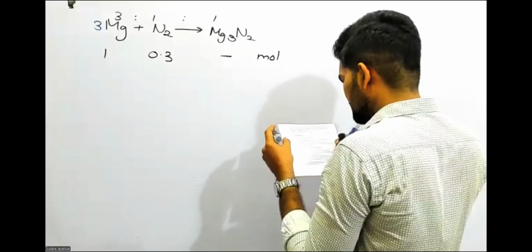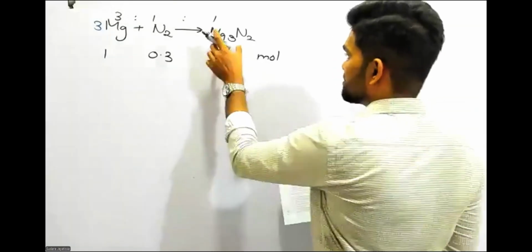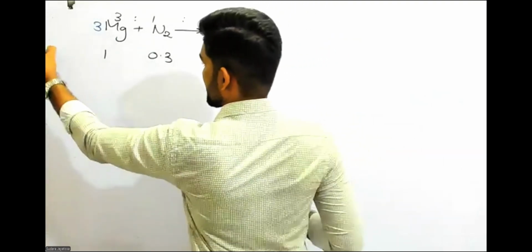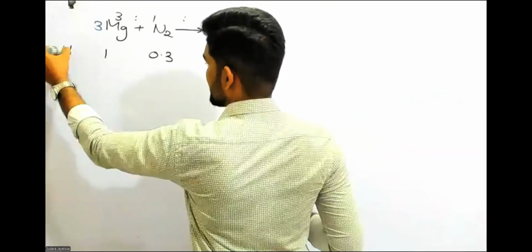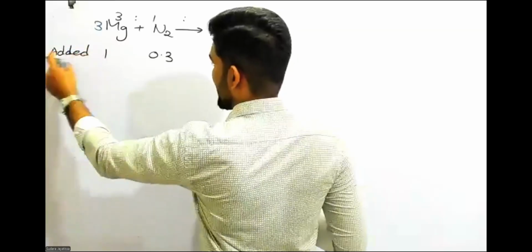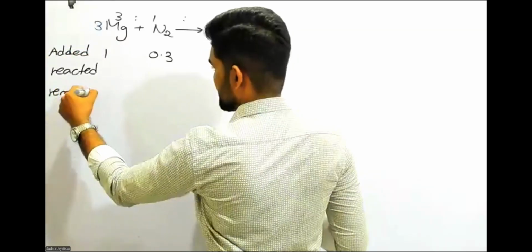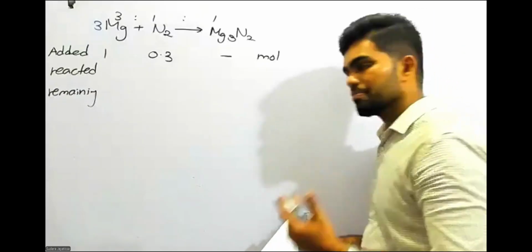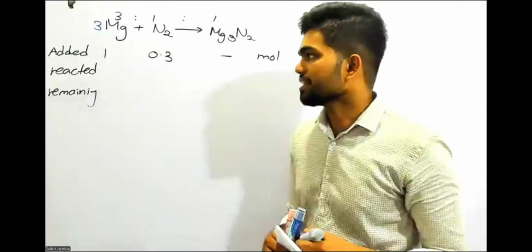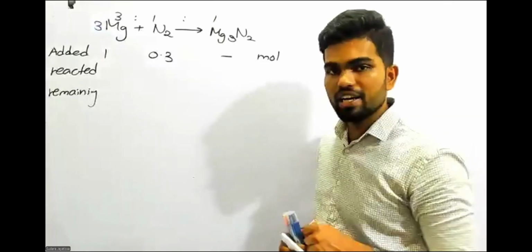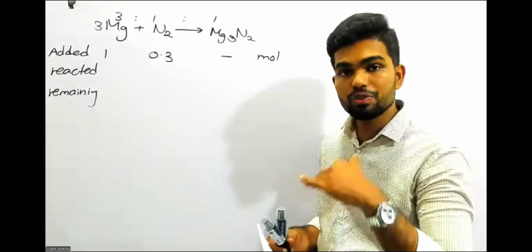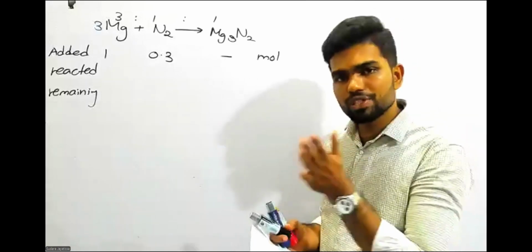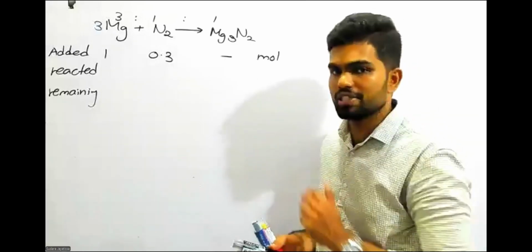And they are asking about the formed magnesium nitride. First of all, let's see how much magnesium nitride is formed. For that, we have the added and remaining method. So added moles are 1 and 0.3. Now remember, in this kind of situation where we are given the moles of more than one reactant, we are not sure which one is going to finish first.